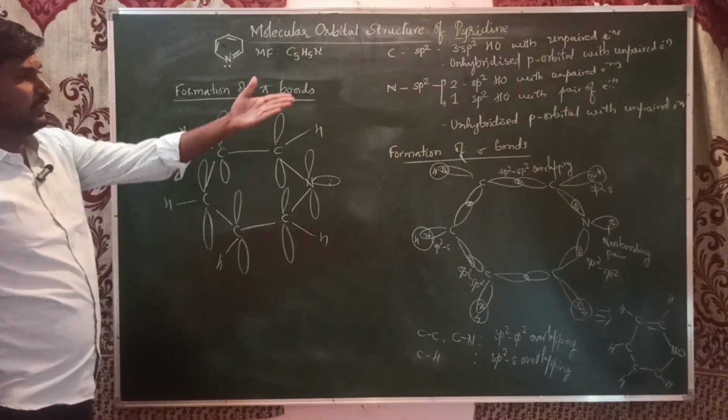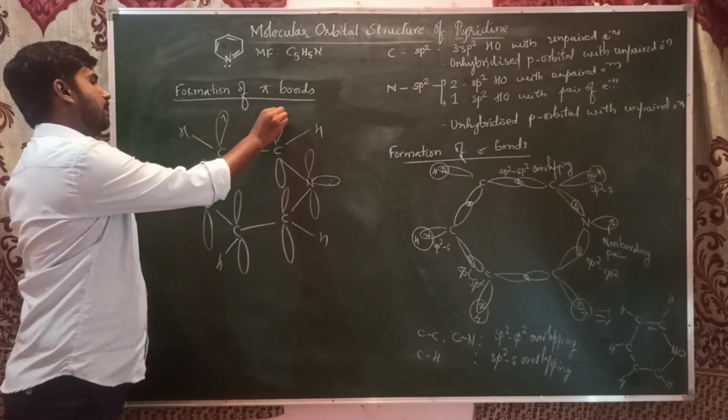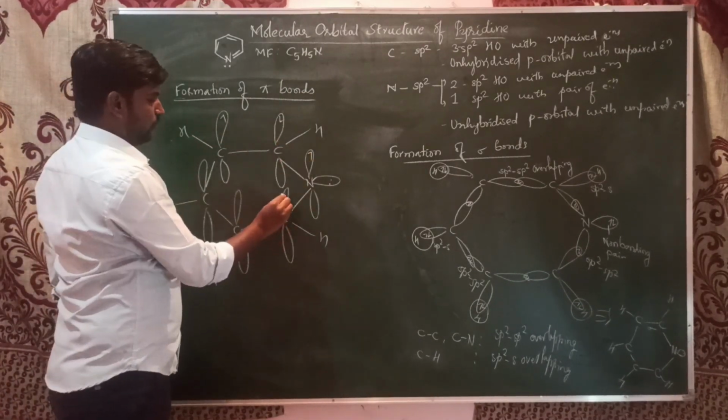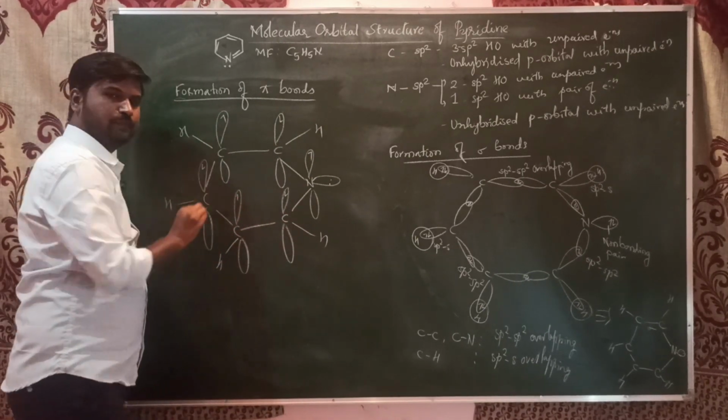Each of them contains an unpaired single electron. I'm writing opposite spins, because only when they have opposite spins will they get paired up.